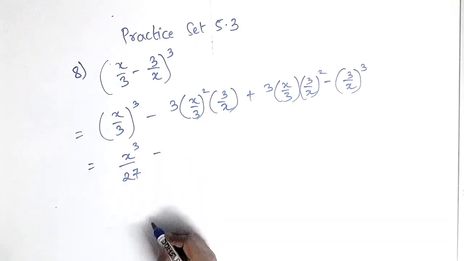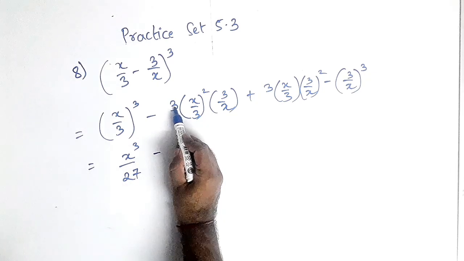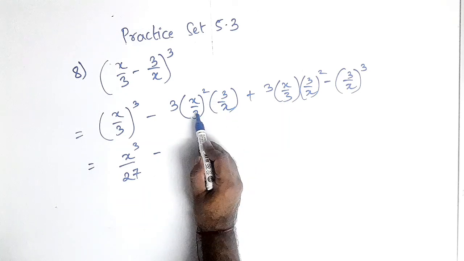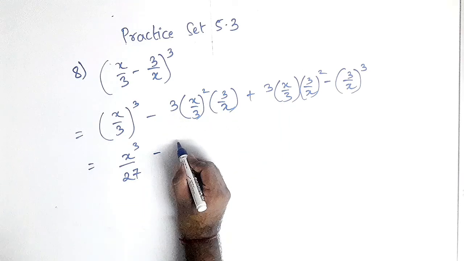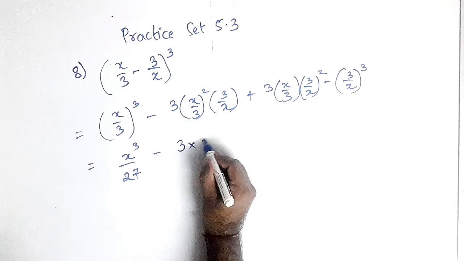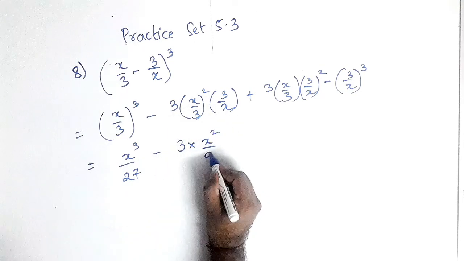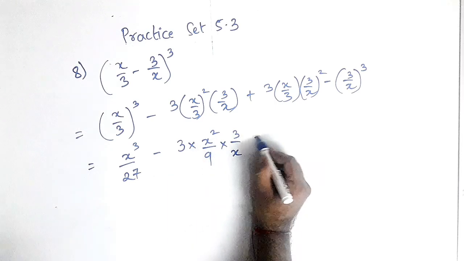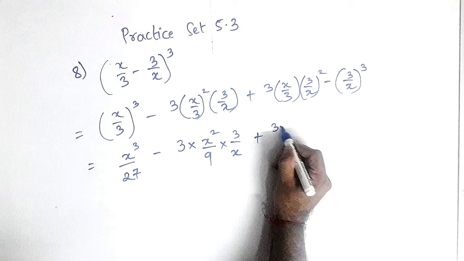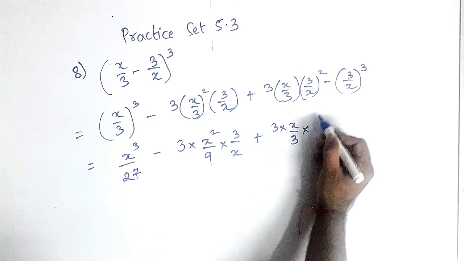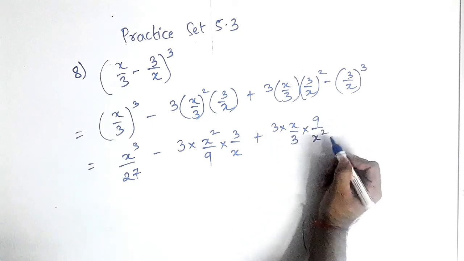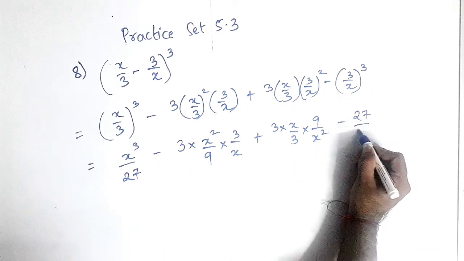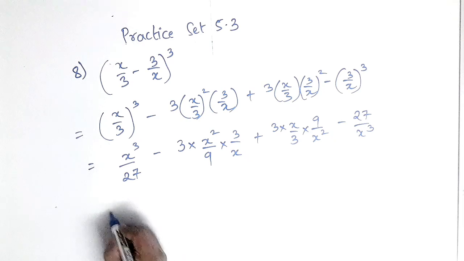Let us see what is this. 3 and 3 becomes 9. Okay, and this also becomes 9. So what I'll do is I'll write 3 into, I'll make its square, x square upon 9 into 3 by x. Okay, here also I'll simplify the bracket first. 3 into x by 3 into 3 square is 9 upon x square. Okay, minus this becomes 3 cube 27 upon x cube.